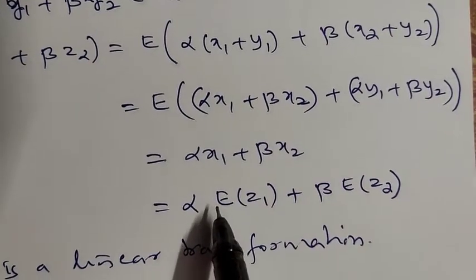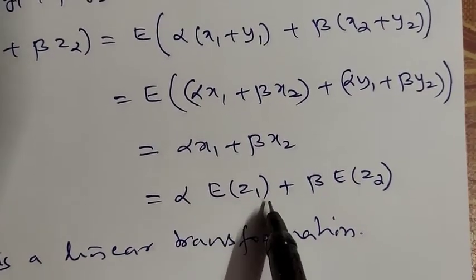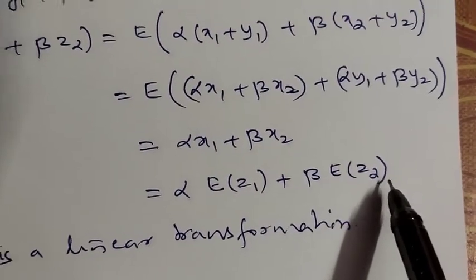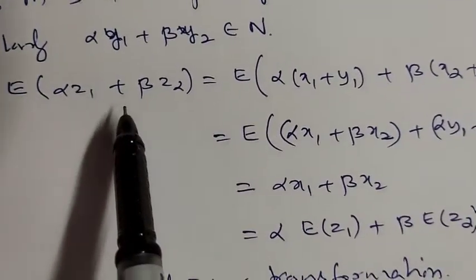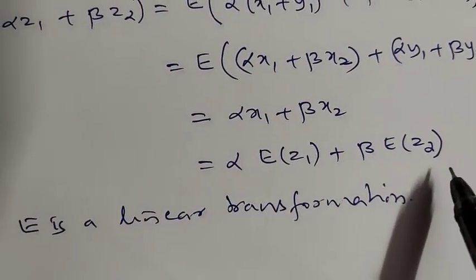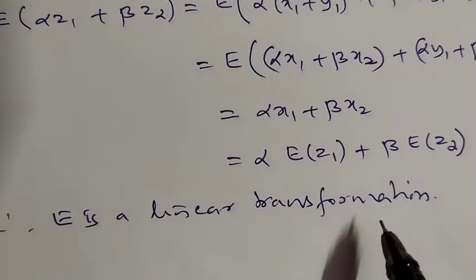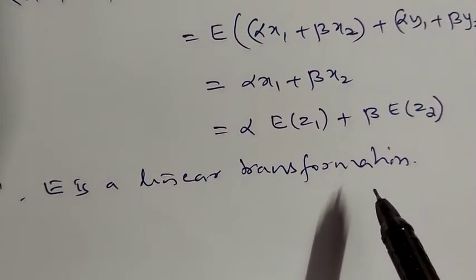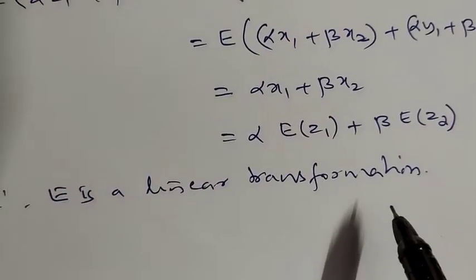This is alpha times E of z1 plus beta times E of z2. Therefore, E of alpha z1 plus beta z2 is equal to alpha E of z1 plus beta E of z2. Therefore, E is a linear transformation. That is, projection is a linear transformation.